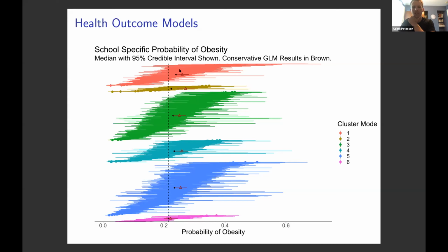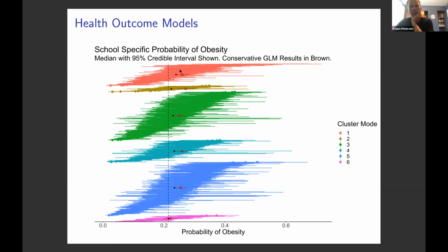So as we look down these clusters, numbered the same as the previous slide, we would want to see the probability of obesity, whether represented through these blobs of random intercepts that I've colored according to the cluster mode, or through the GLM results, which are here in brown with their credible intervals, both go down.